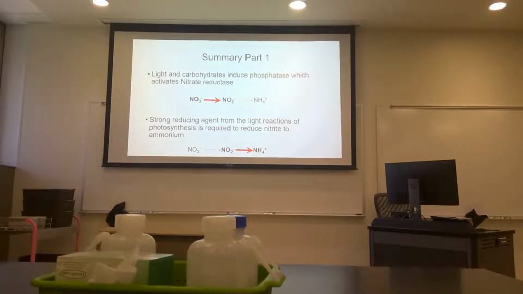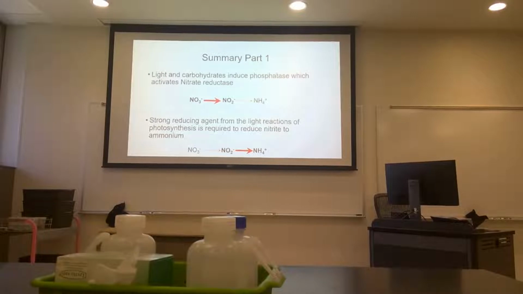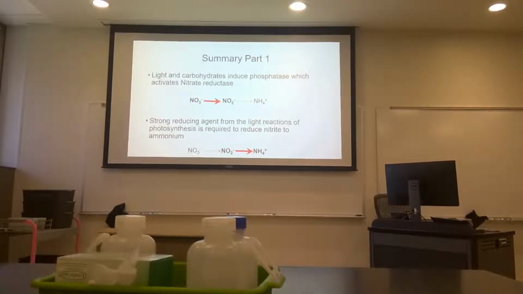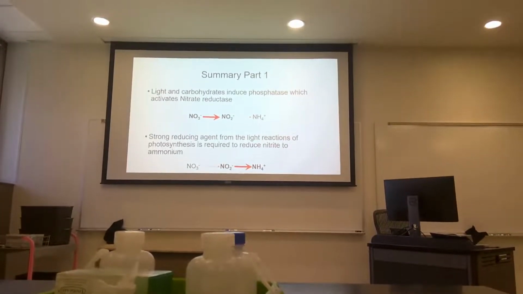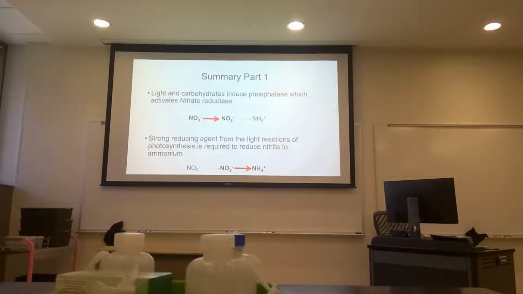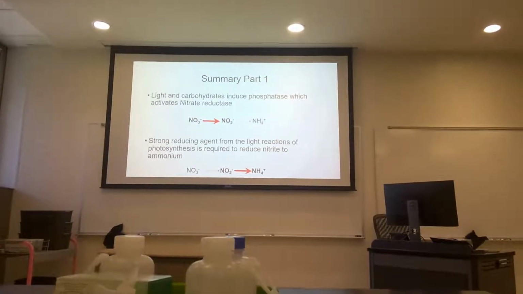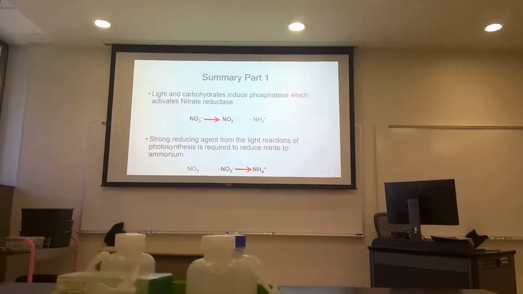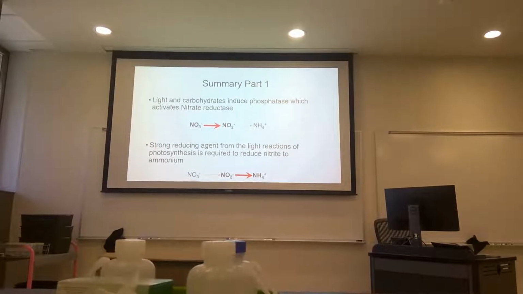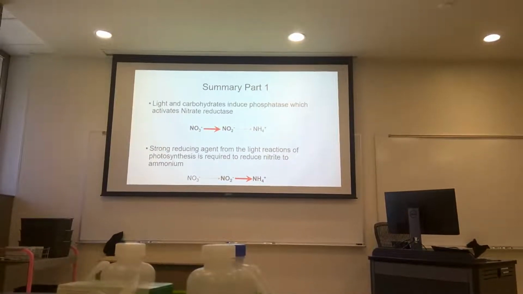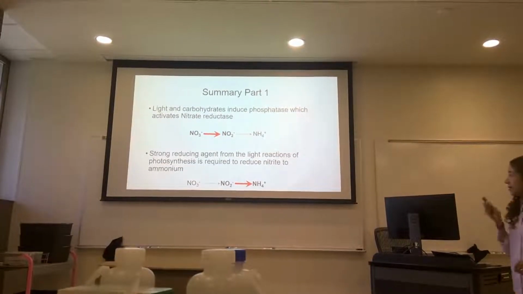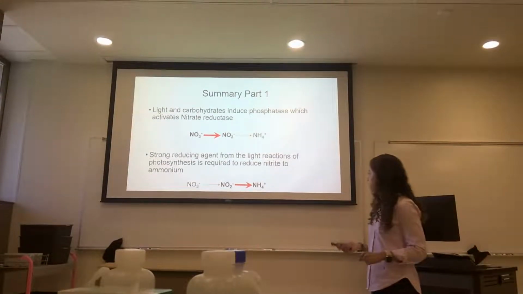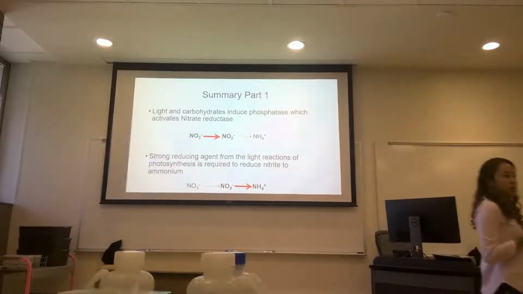If you take anything from this first part, this is the slide that you should be able to explain. I don't need you to give names, I don't need you to give NADPH or ferredoxin or any of that, but have this clear that both carbon and nitrogen fixation are linked. And then we will revisit these next time when we're talking about photosynthesis. Are there any questions about this?